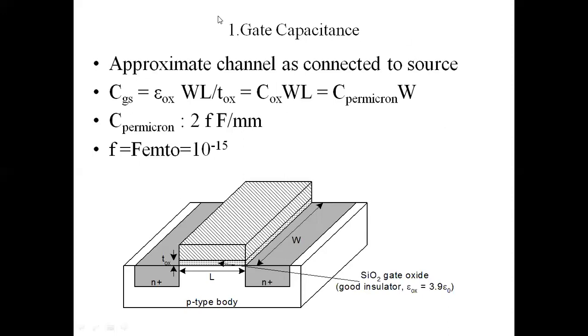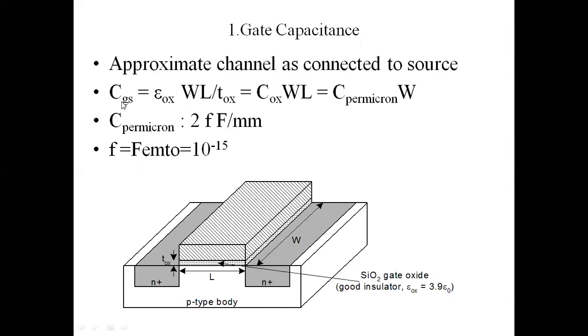So let us see the first capacitance, the gate capacitance. Here we will see the gate capacitance example towards the source terminal. Here the gate is formed, and the oxide layer is present here, and the source is made of N-type material, and here is the drain, again made of N-type material, and the body is made of P-type material.